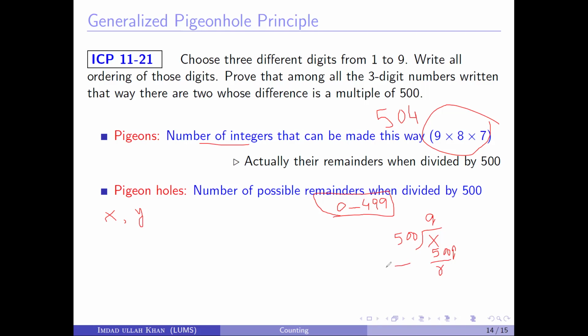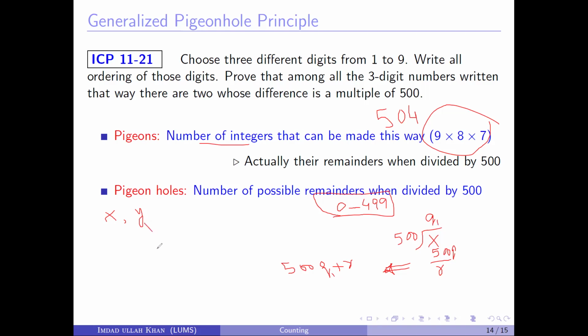So we can write this x using the basic integer arithmetic. We can write x as 500 times q plus r. And more specifically, I can call it q1, quotient 1. We can do the same thing for y.